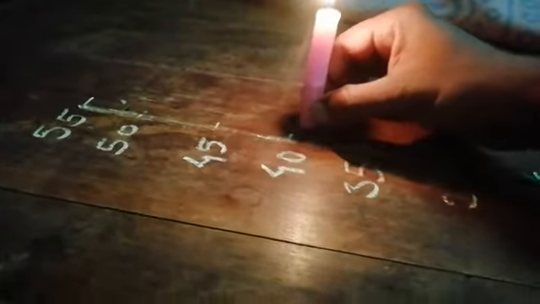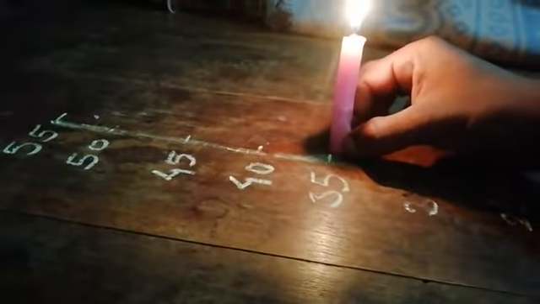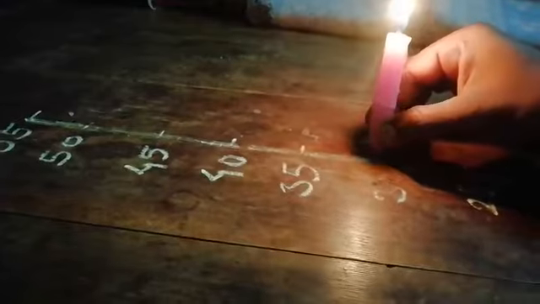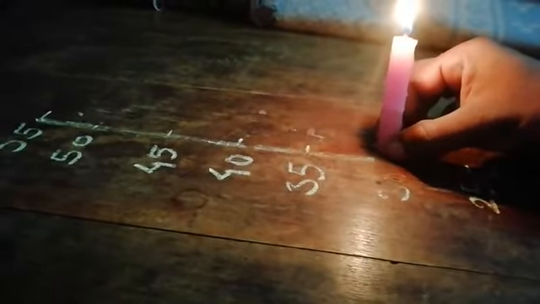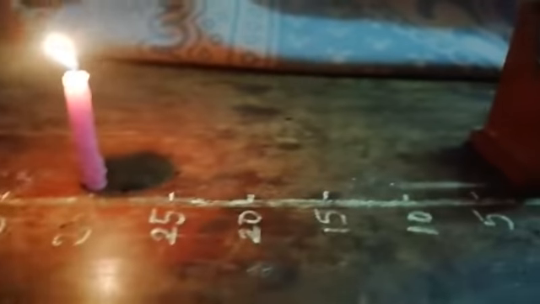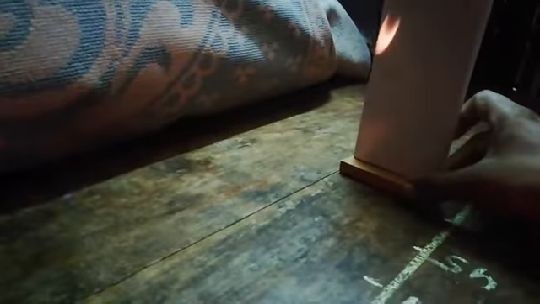Now let us change the position of object again. Okay, let me take 30 centimeters. When the object is at 30 centimeters, I am adjusting it again by moving forward or back. So now if I move it up to here, yeah, here I am able to find a clear image.